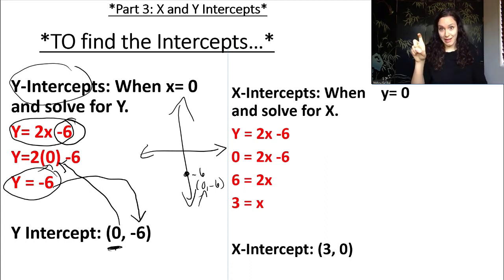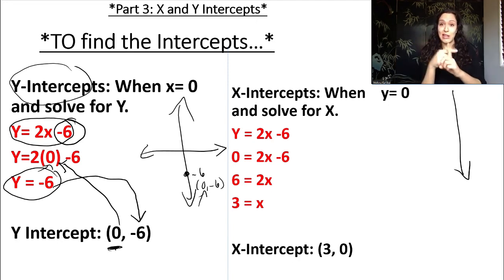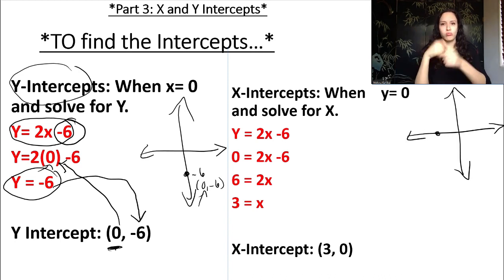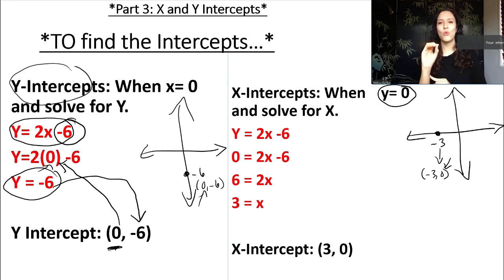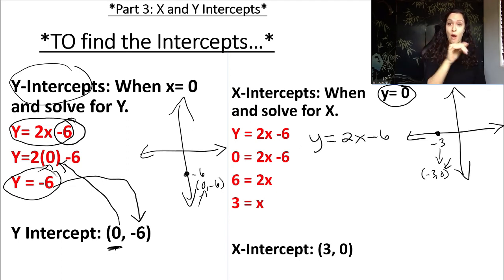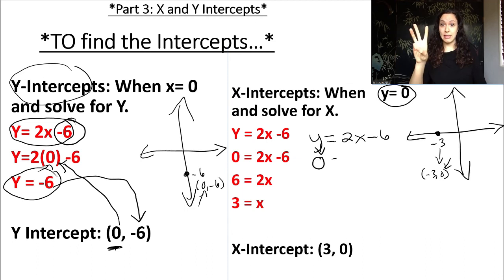For our x-intercept, you're going to plug in 0 for y. Why is that? Because it's where it crosses the x-axis. So if this is the x-axis at -3, what's that coordinate? -3, 0. What's the y value? 0. Y equals 0. That's what we need to do. So then if I have y equals 2x minus 6, I'm going to plug in 0 for y.